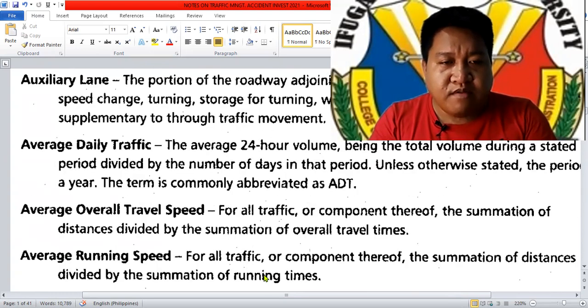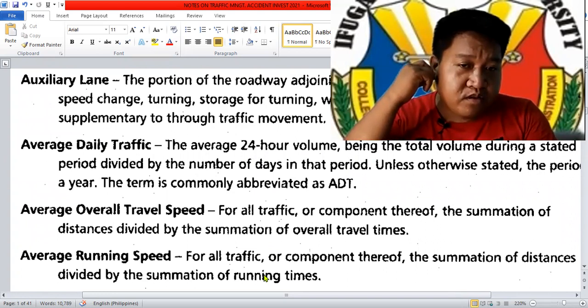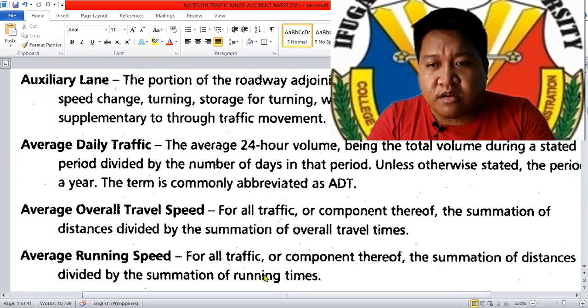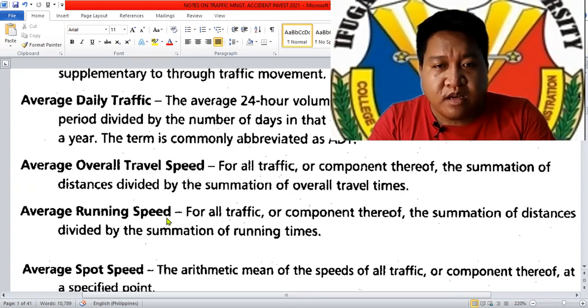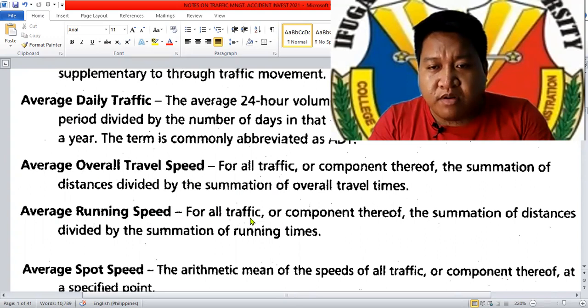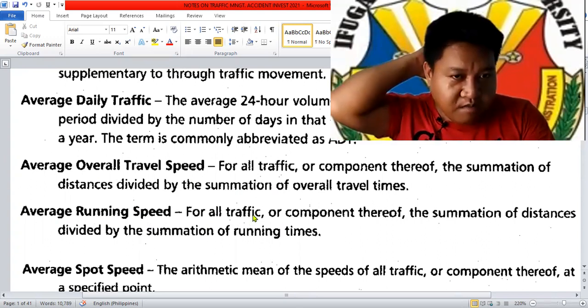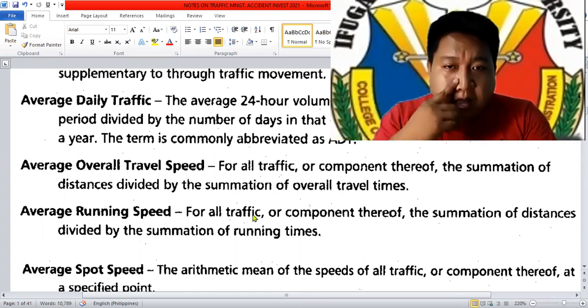Next term is the average overall travel speed. For all traffic or a component thereof, the summation of distances divided by the summation of overall travel times is the average overall travel speed. Another is average running speed. Look at this: for all traffic or a component thereof, the summation of distances divided by the summation of running times.